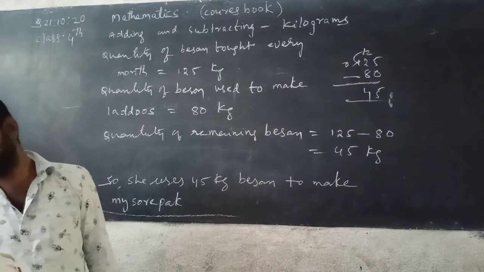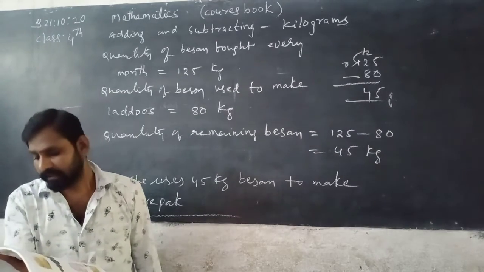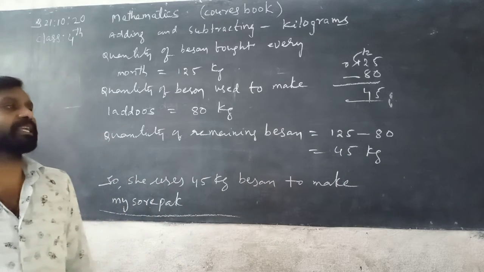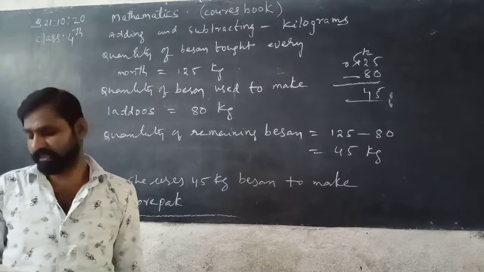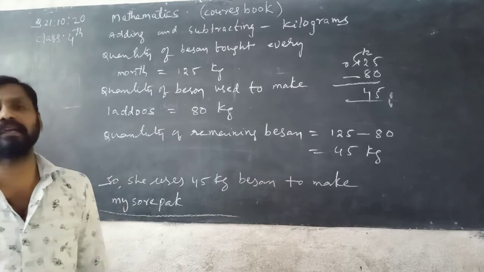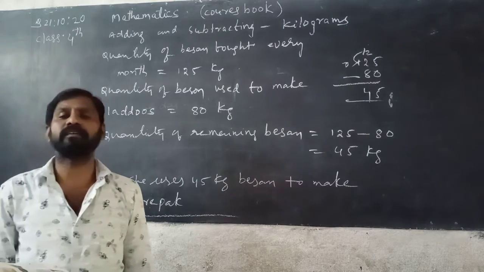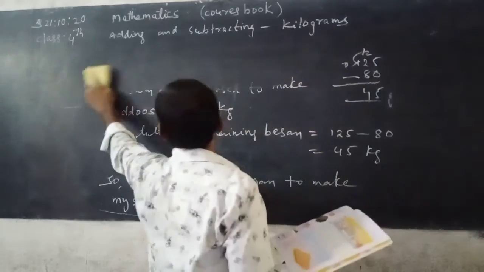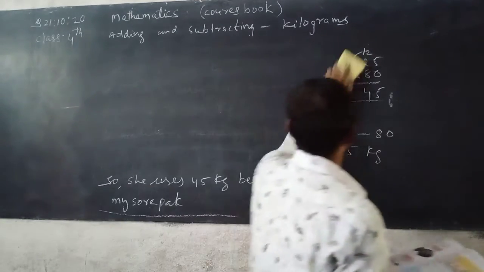Laddus means here the quantity of besan used to make laddus, how many kgs? 80 kgs. So here 80 is multiplied with 55, you can get the answer, beta.